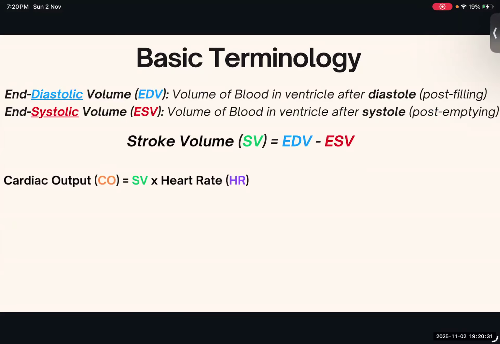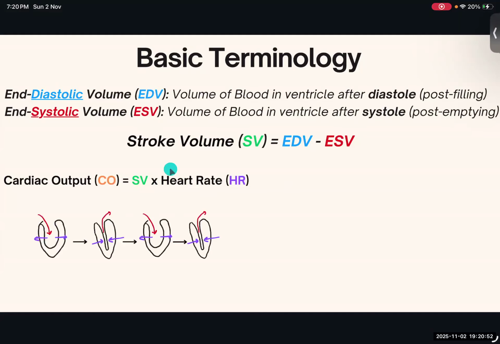So this is how much total blood the heart is putting out over a period of time, usually 1 minute. So we do stroke volume times heart rate. Heart rate is how many times the heart will pump, in other words go into both diastole and systole in 1 minute, times the stroke volume.